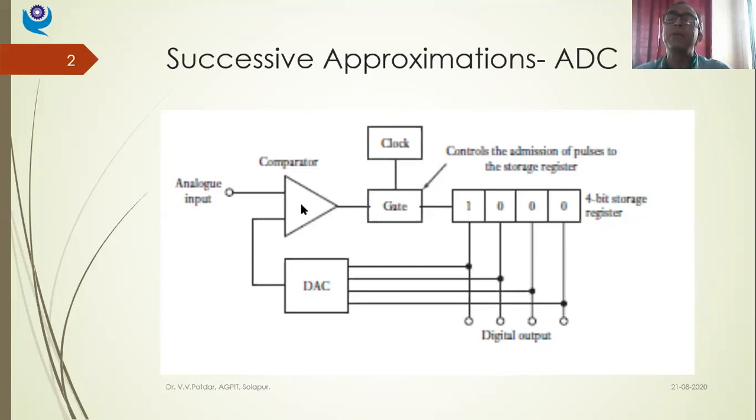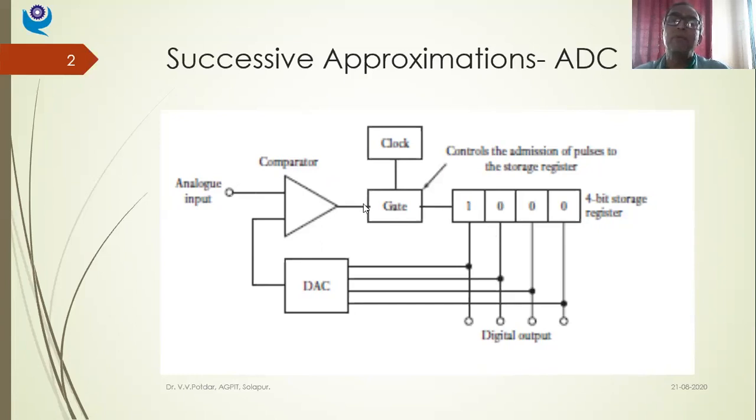Once the signal becomes equal to or greater than the analog signal, this gate will be opened. Once this gate is opened, this gate is closed, so the clock will be stopped, or the clock gate is closed. And what will happen? Through this gate, the analog signal will be converted directly into my digital form. And at that moment, that will be my true representation of my analog signal.